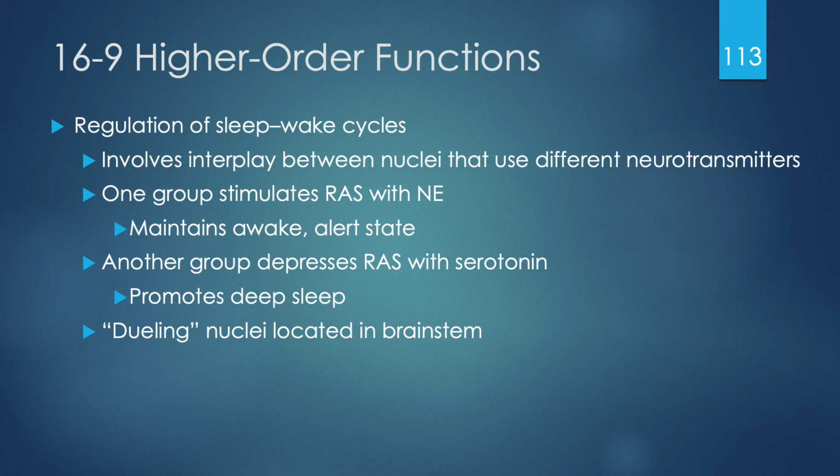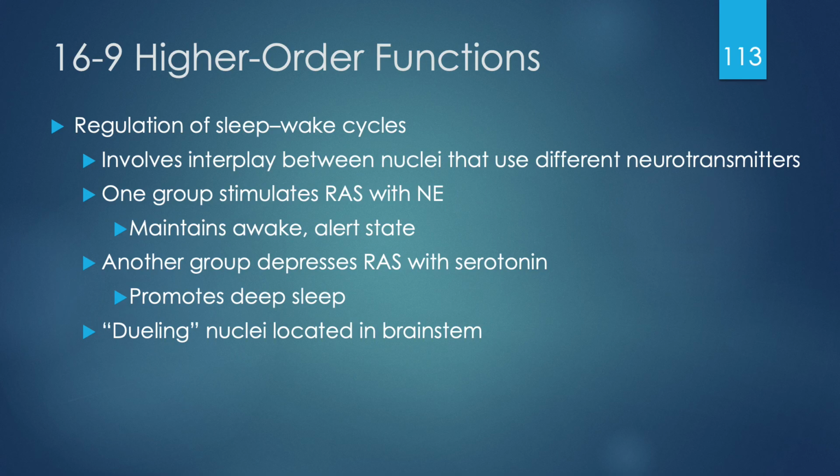To regulate our sleep and wake cycles, we have essentially dueling nuclei located in our brainstem, which function in a similar way to the sympathetic and parasympathetic nervous system, if you want to use that model in your mind as an example. So there are different nuclei that are using different neurotransmitters. One will try to keep you awake, and one will promote deep sleep. So one group is stimulating the reticular activating system with norepinephrine.